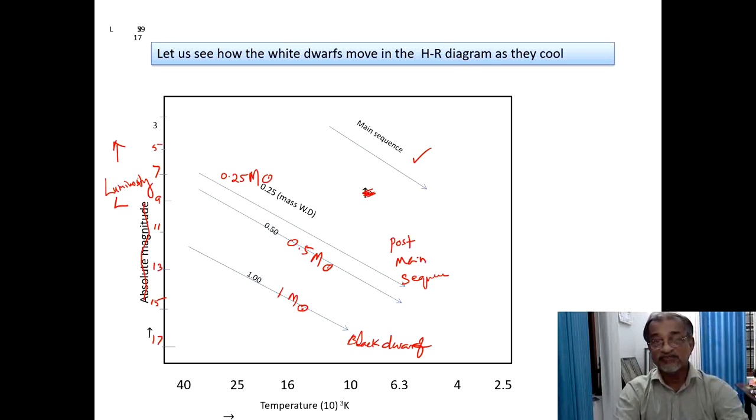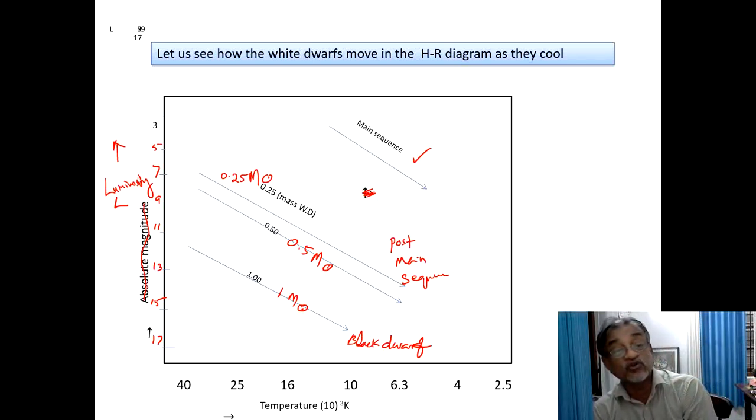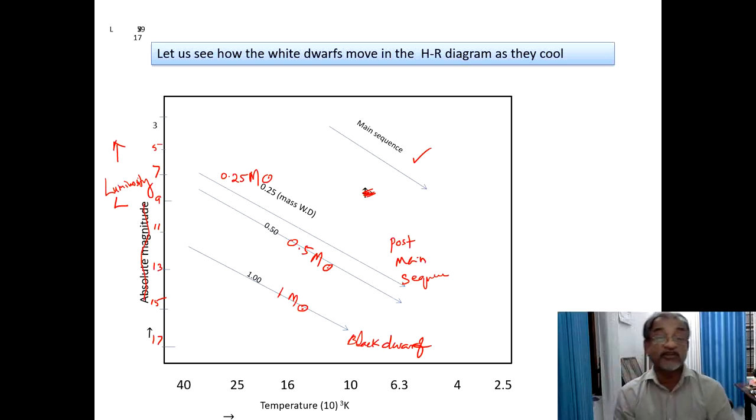You see the main sequence here. Temperature is very low, but when the mass of the white dwarf increases, its temperature also increases. You can see from this figure, for example, 0.25 M sun, 0.5 M sun, and 1 M sun. 3 examples are given in this figure.